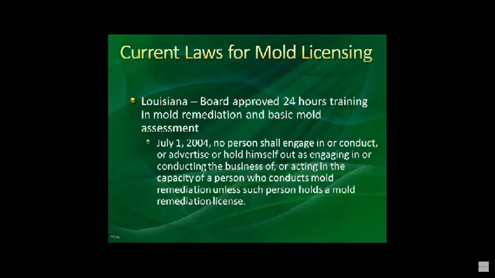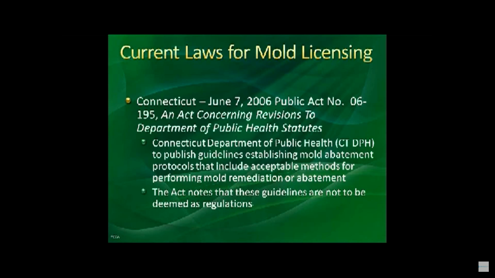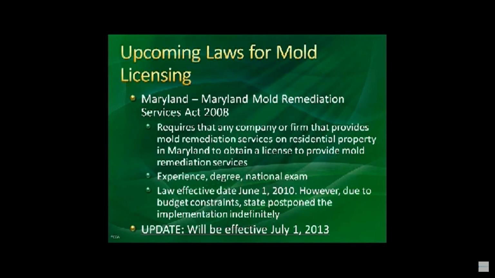Louisiana, board approved, 24 hours training. Connecticut, they don't have actual licensing, they just have a reference that you should be doing. Maryland, be advised, Maryland's law goes into effect this year. It's effective July 1, and you must take an approved course and take the general ACAC exam to be certified.